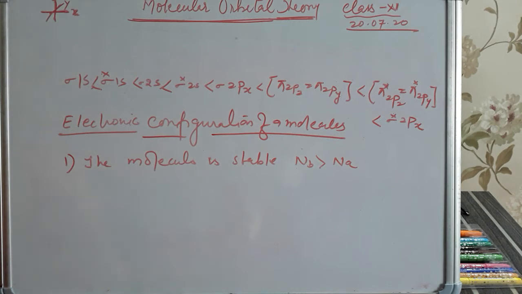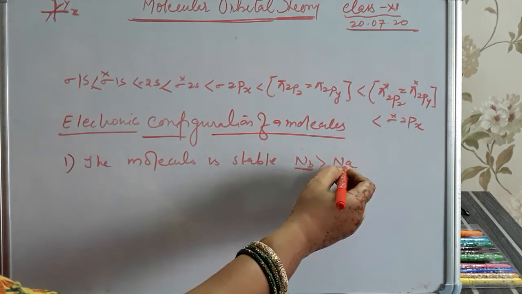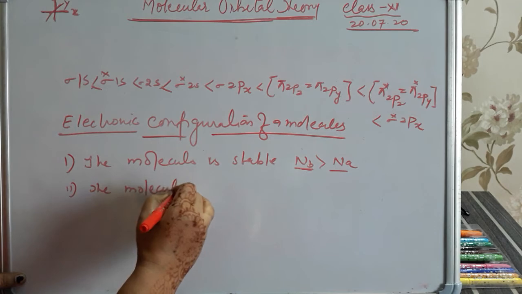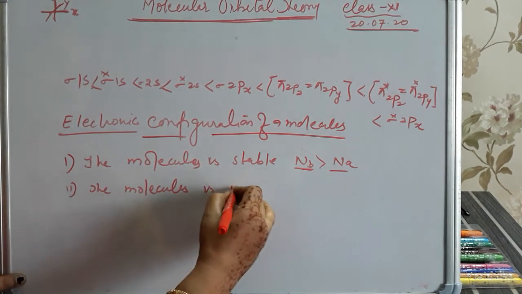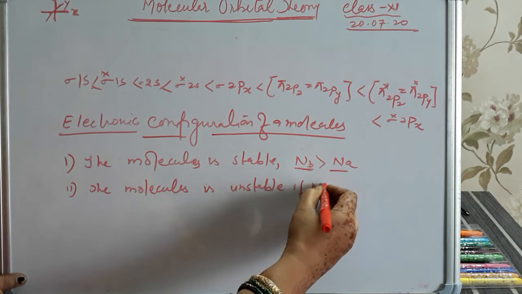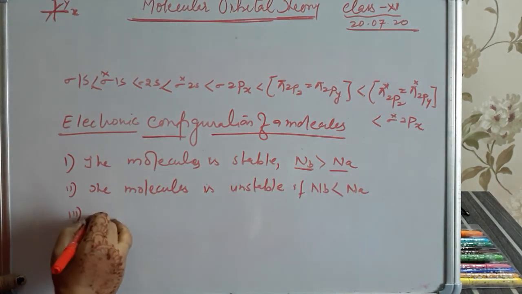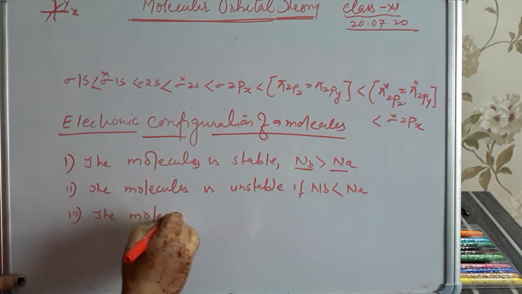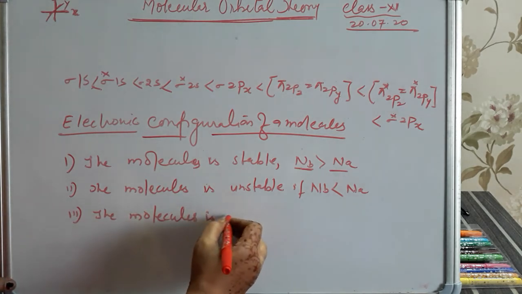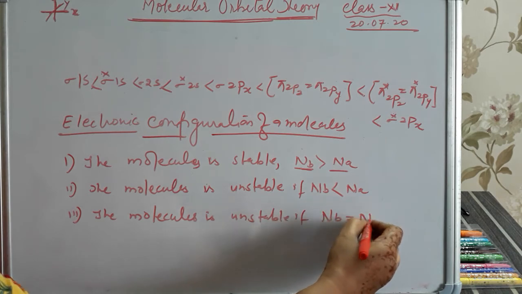In that case we will say that this molecule is stable if the number of bonding electrons is greater than the number of anti-bonding electrons. And in the second case, the molecule is unstable if bonding electrons are less than anti-bonding, or the molecule is unstable if bonding equals anti-bonding.